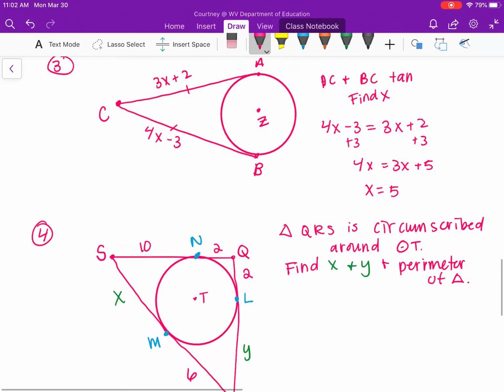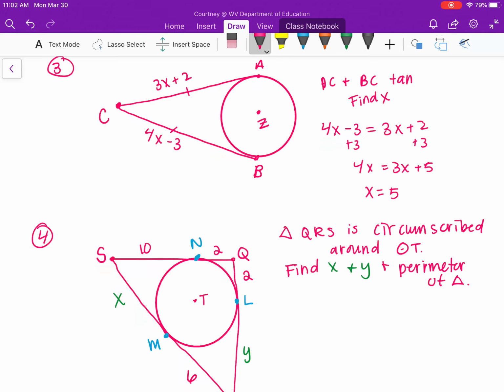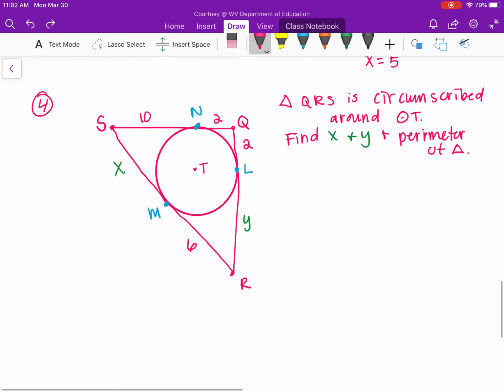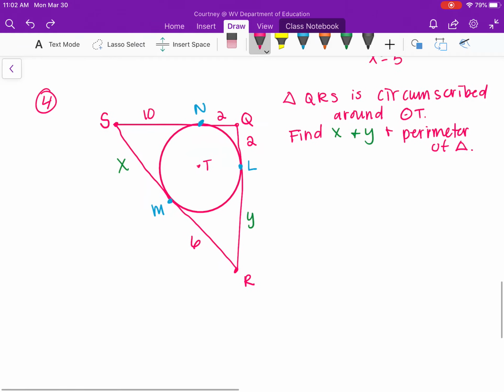Okay, so up here, we said if 2 tangents meet at an exterior point, then they're congruent. Let's just look at point Q. Here from N to Q, and then from L to Q, those are both 2, right? Because they're congruent.